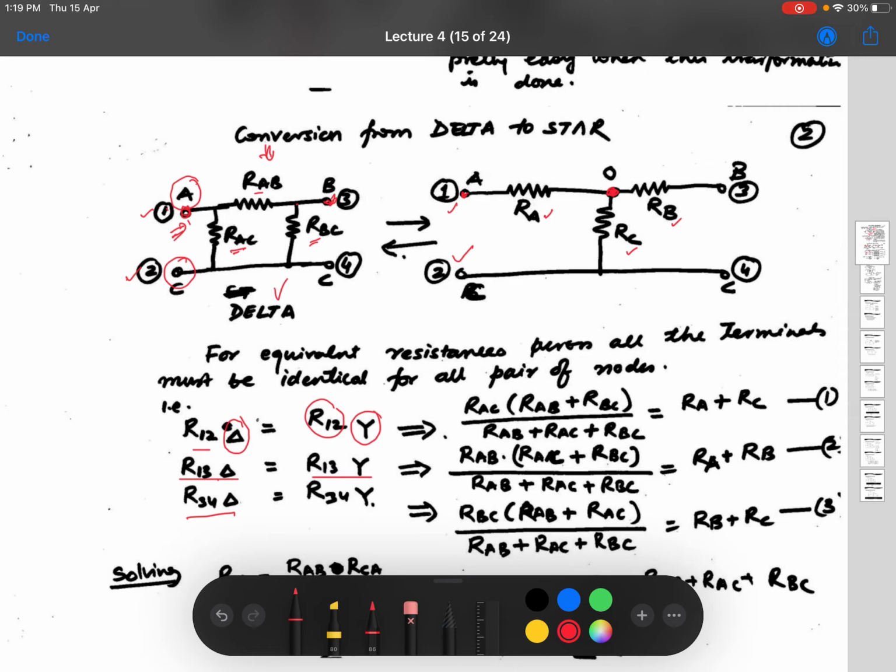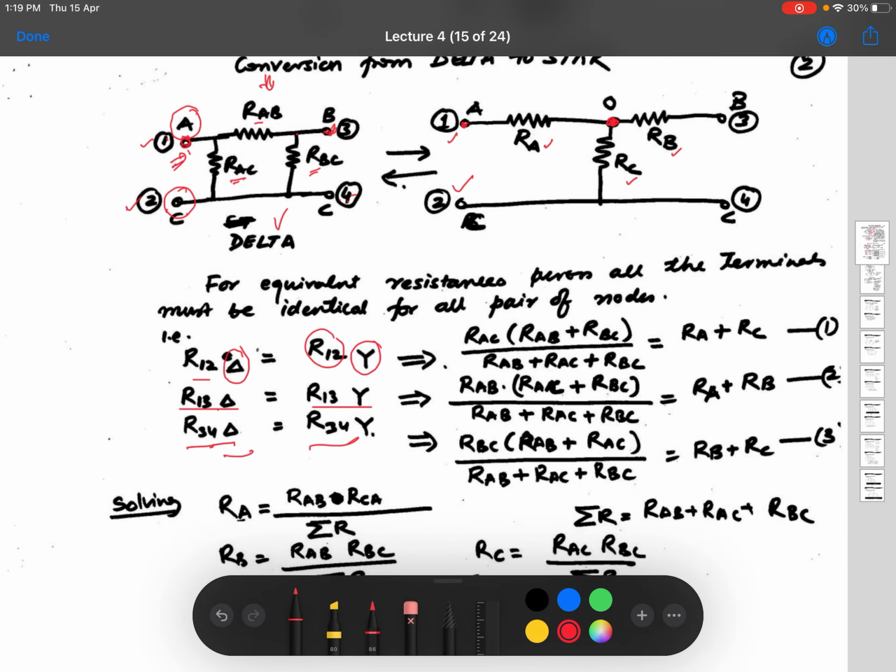And similarly, I do it for 2 and 3. 2 and 3 are the same set of terminals, so you can also call it R23. So these two are the same, and again they have to be the same. If this condition is satisfied for both the circuits, then they are equivalent to each other.